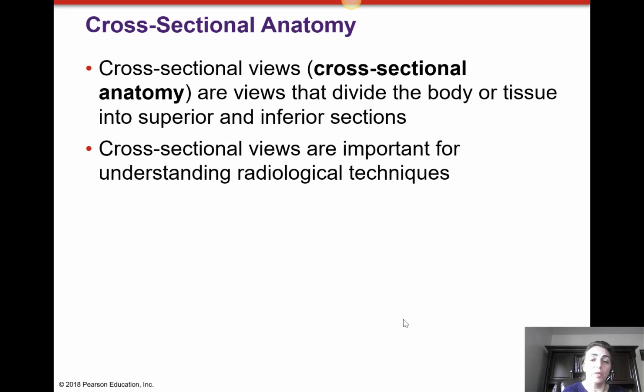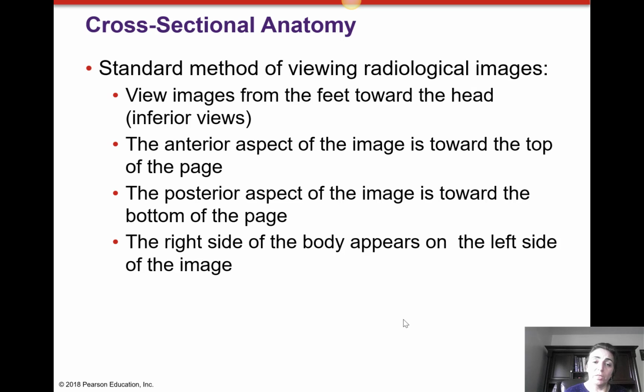These are important for understanding radiological techniques, as I said, for example, CAT scan or CT scan, and also the cross-sectional form of the MRI. Pay attention that MRI might be frontal, might be sagittal, there might be many other views, but one form might be cross-section. So this is the standard method of viewing radiological images.